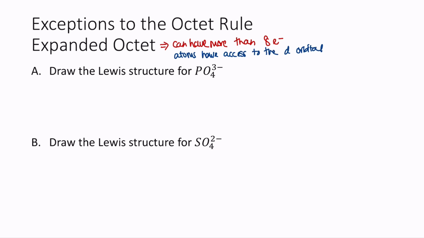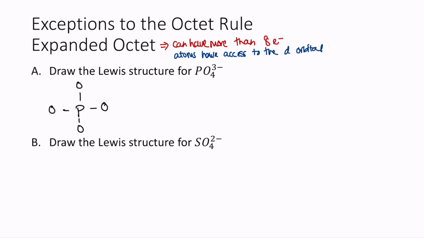Phosphorus is in period 3, so it has the ability to expand its octet. If we draw the Lewis structure for phosphate, I can draw phosphorus in the middle, and that is going to account for 5 valence electrons.